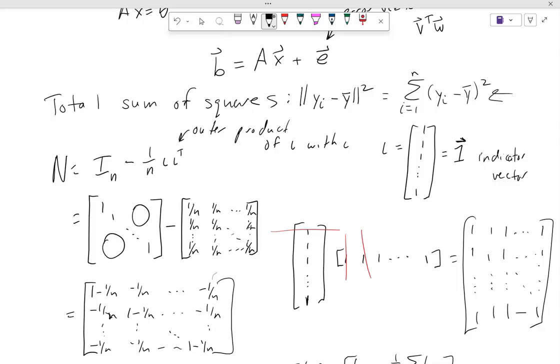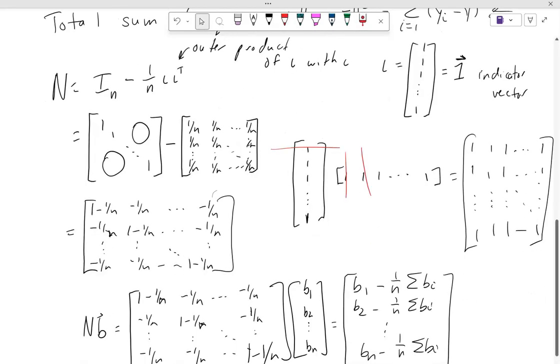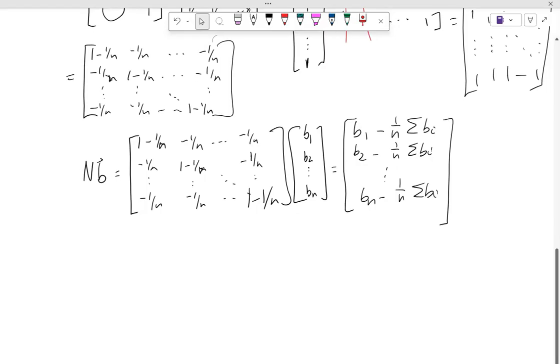We agree with that? All right, so one way to take the magnitude of that vector is multiply the transpose of the vector times the vector. We just said that a minute ago, okay? So that's the square of the magnitude. So the square of the vector of B minus B bar.